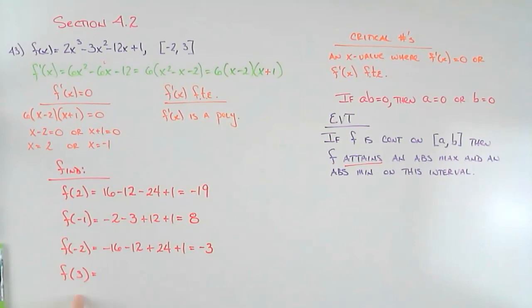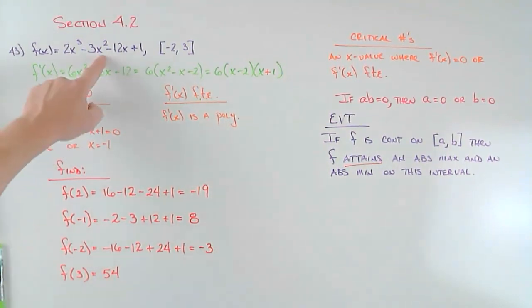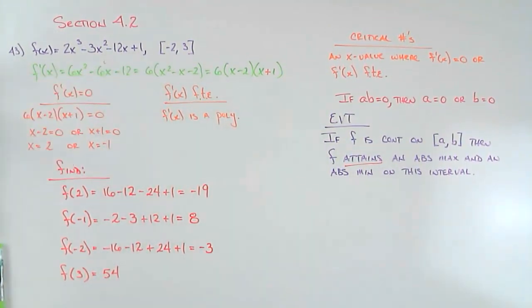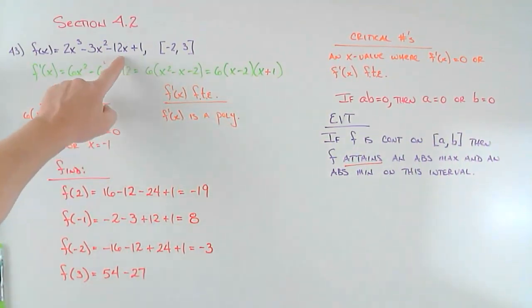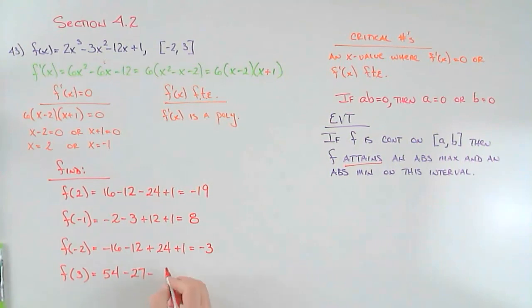Now we have to plug in 3. 3 cubed is 27. 27 times 2 is 54. 3 squared is 9. 9 times -3 is -27. 3 times -12 is -36, plus 1. 54 take away 27: 27 is half of 54, so 54 take away 27 is going to be 27.